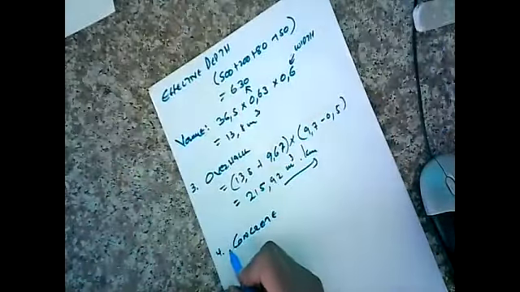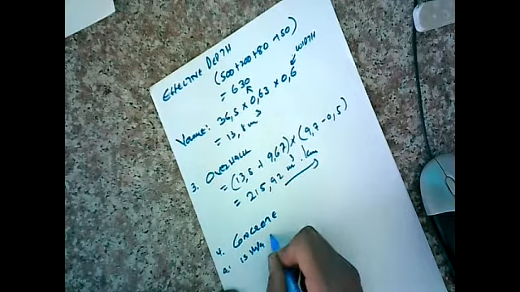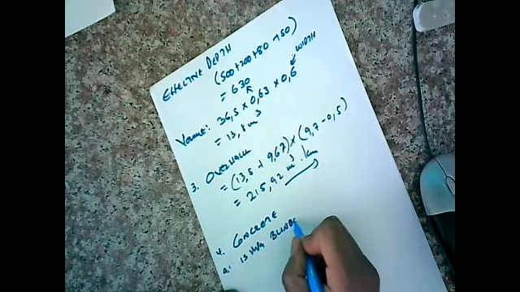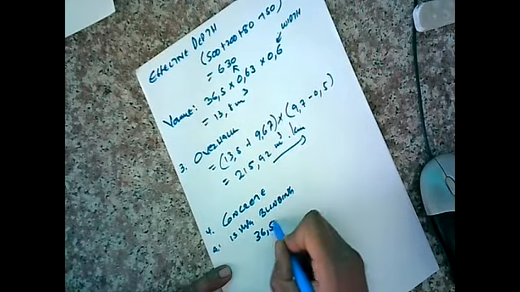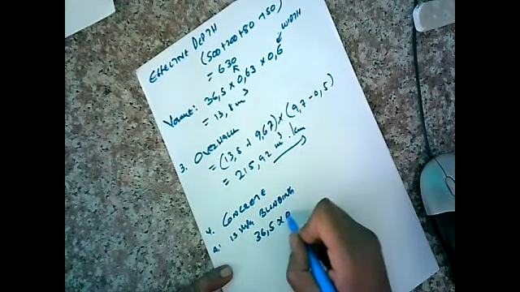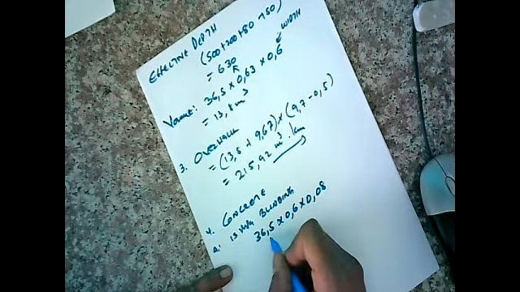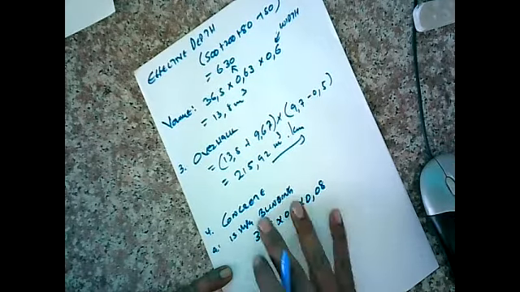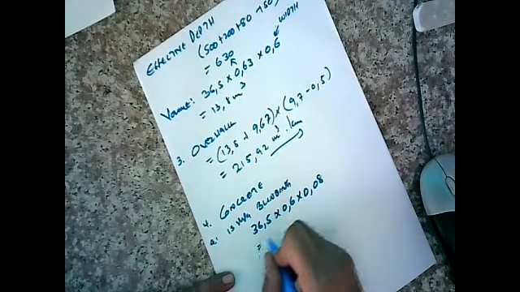So under concrete, what's the first one? Blinding. Let's go with 4.1, 15 MPa blinding. Notice the perimeter that we found. Use it once again. Mess this number up, see how far it extends to. It impacts your marks quite critically.